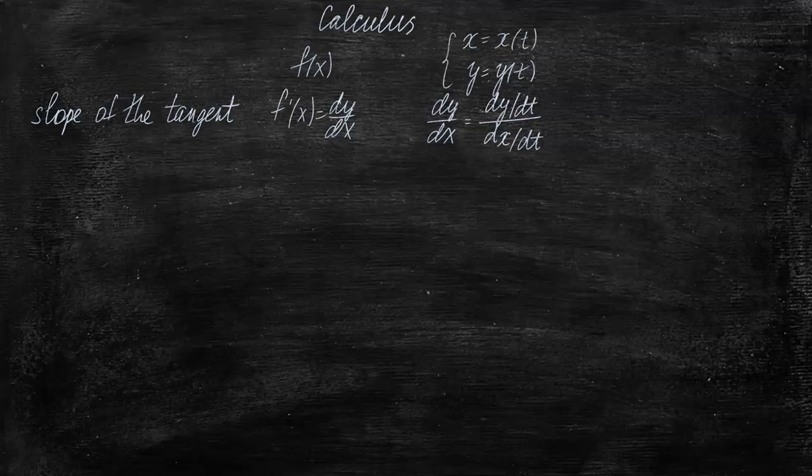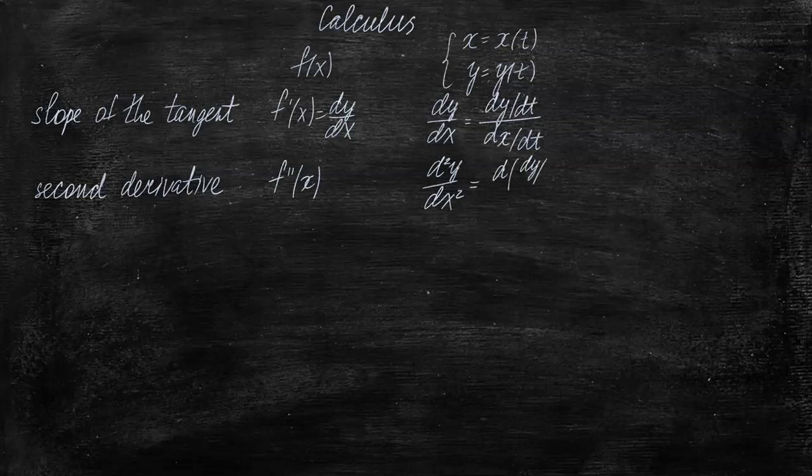We also know how to find the second derivative for curves defined parametrically. Again, it looks really crazy here, but it's not that crazy once you understand the notation.